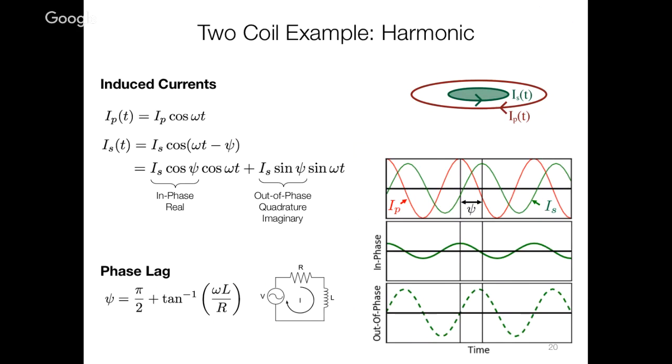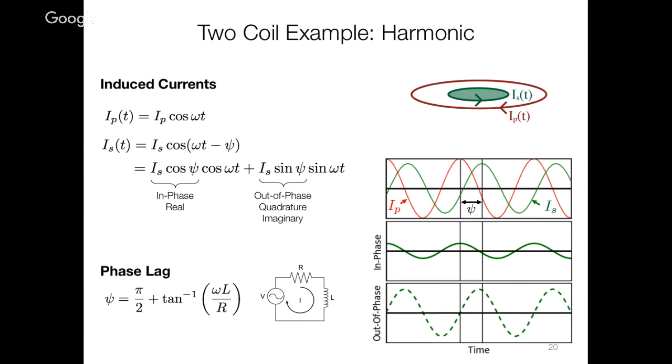So the secondary current has got to be given by this. It's got some amplitude, and it's got the same frequency, but it might be phase shifted. And I'll break it into two parts. A part that's in phase with it.